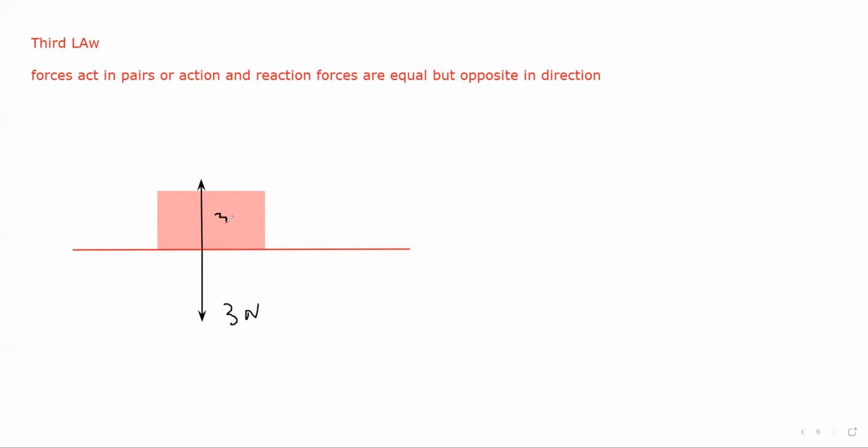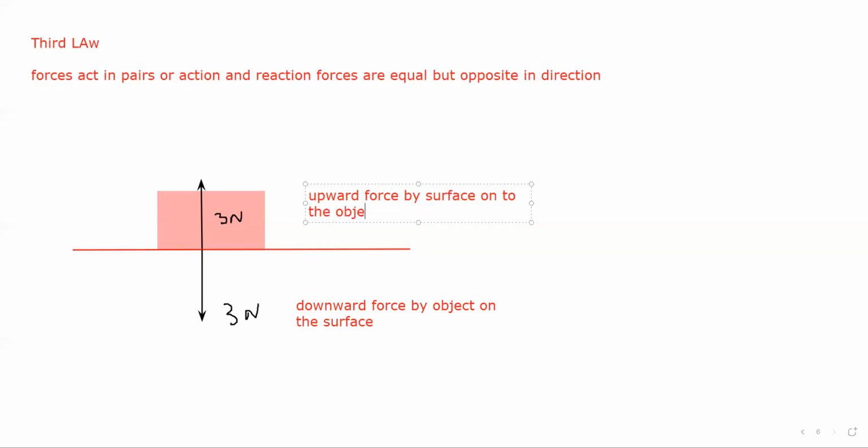So another force of 3 Newton is there. So there is a downward force by the object on the ground, and there is an upward force by the surface or the ground onto the object.